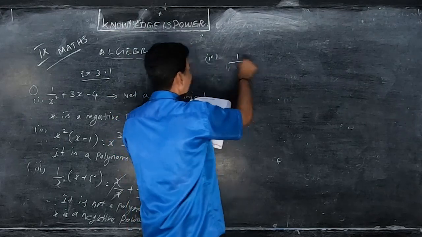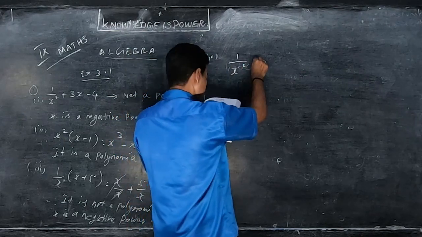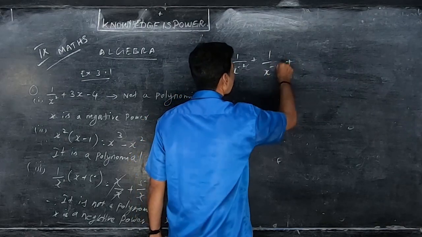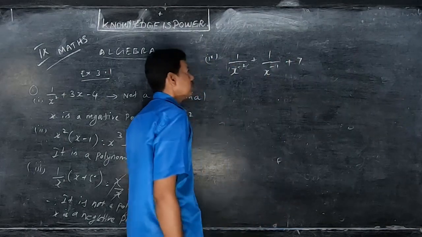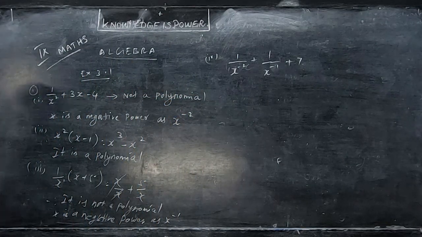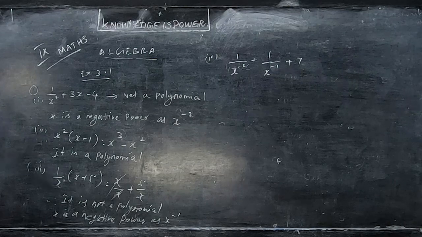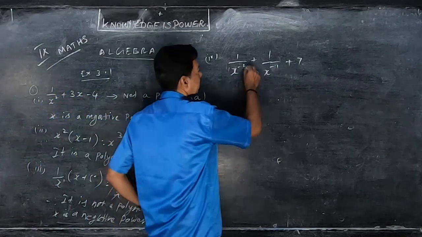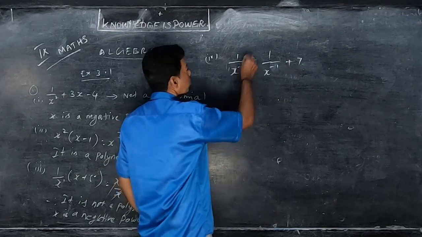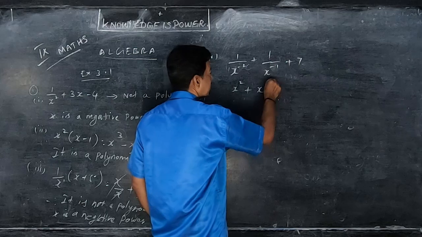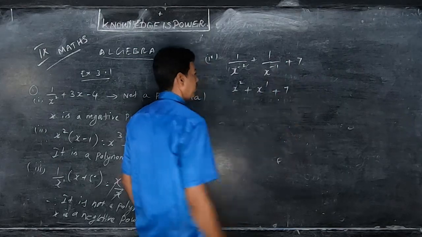Question number 4: 1 by x to the power of minus 2 plus 1 by x minus 1 plus 7. See now, what is the difference between the first one and this one? The power in the denominator is negative. How do we represent this as a whole number? When you go to the numerator, it will become x square, then x power 1, then plus 7.